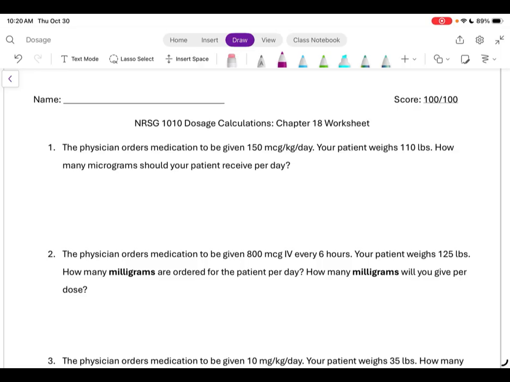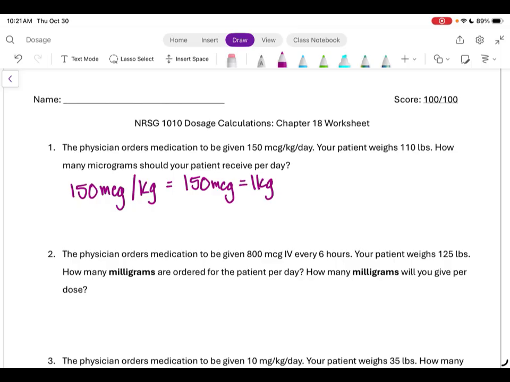So whenever you see something written as micrograms, grams, milliliters, whatever per kilogram, if it helps you, you can try and think of it as 150 micrograms is for 1 kilogram, right?